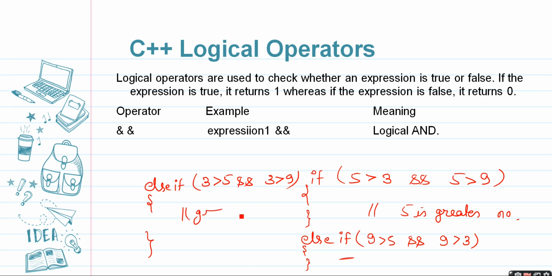So here we can clearly see why we have used the logical AND operator. We need to be very sure that this 5 should be greater than 3 as well as greater than 9. We need to make sure that both conditions are true, only then this is the greatest number.